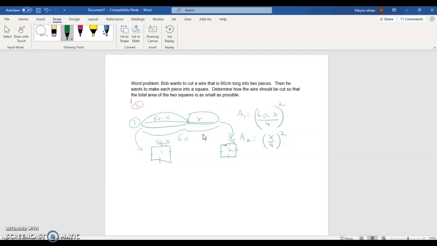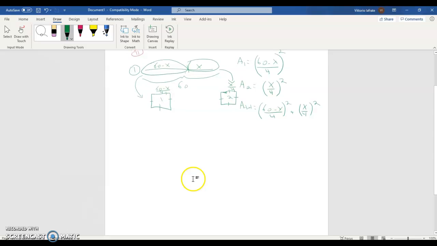And we also know that the total area of both of these together would be A total, the 2 areas added together, A1 plus A2, so ((60 minus x) over 4) squared plus (x over 4) squared.